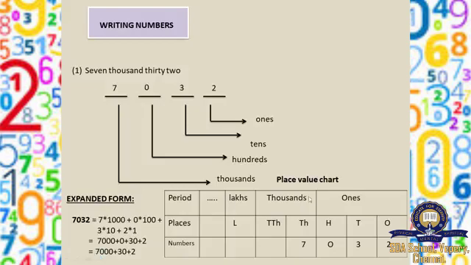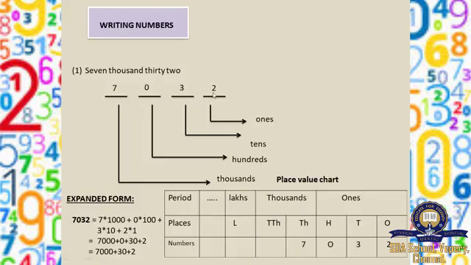Next we will see the place value chart. The place value chart consists of periods, places and numbers. In the places we write ones, tens, hundreds, thousands, ten thousands, lakh, ten lakh and so on. In the periods, ones, tens and hundreds together are called the ones period. Thousands and ten thousands together are called the thousands period, and lakhs and ten lakhs together are called the lakhs period, and so on.